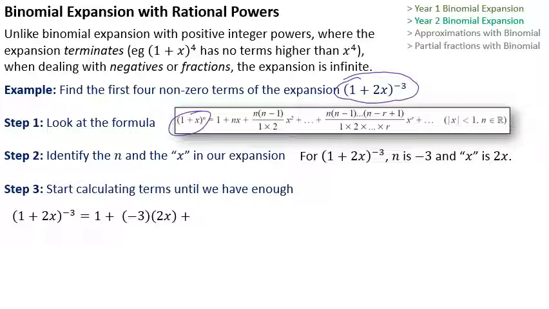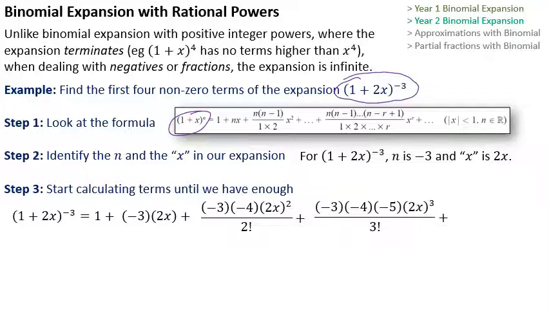And we're also going to need to bring in this 2 factorial term. Now, sometimes people miss this out, the 2 factorial on the bottom. And especially when we get to the next term, they might forget the 3 factorial that belongs on the bottom. Because the next term we have minus 3 times the next one down, minus 4, times the next one down, minus 5, times a higher power of x, 2x cubed, but then divided by the factorial of the power of the x term.